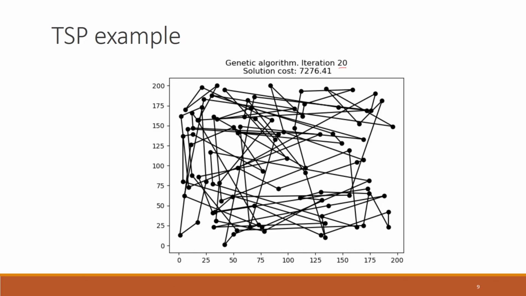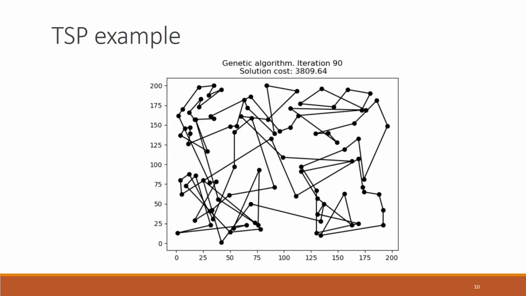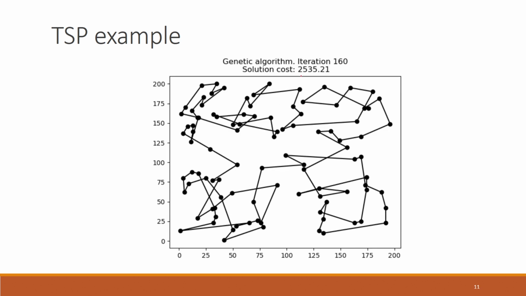So you can see that there is this tour which is shown here, its total length is this here, and as the iterations increase, so now it is iteration 90 here, you can see that the tour has become smaller now as it is less dense, the length has also decreased, and similarly the length has decreased further as the iteration number has increased.